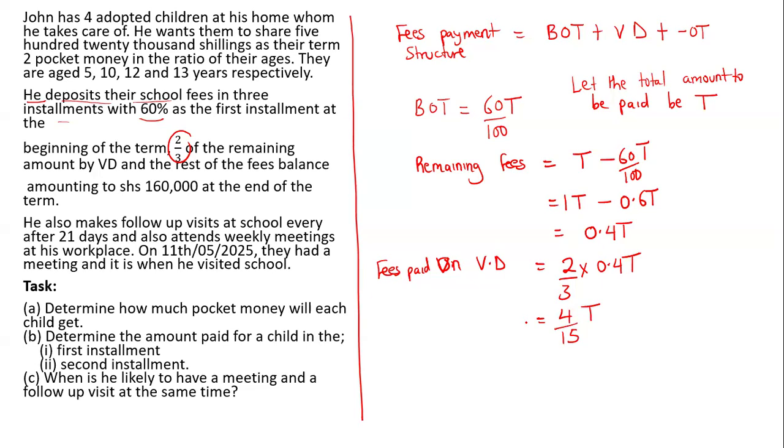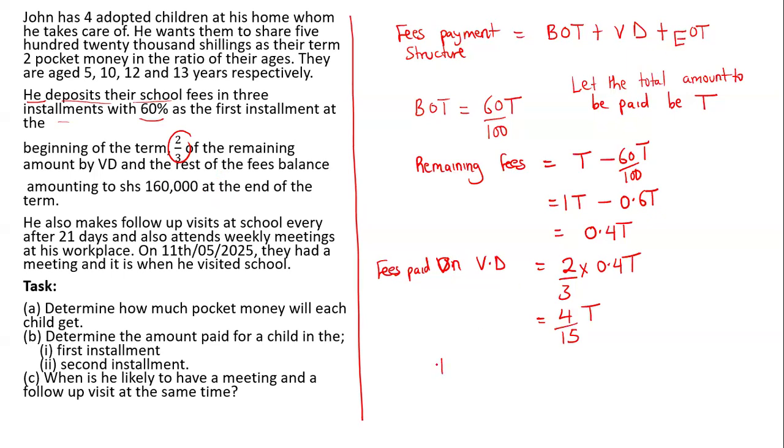Now, from there, I'm going to continue and ask myself, what about the remainder? They are telling you that that is VD, and what remains will be paid at the end of the term. So we say that the total fees structure will equal the BOT plus the VD plus what he pays at the end of the term.